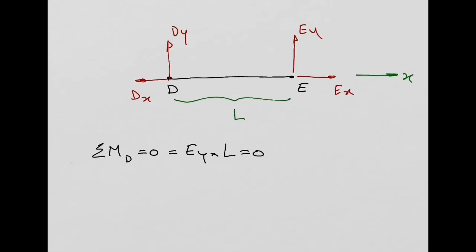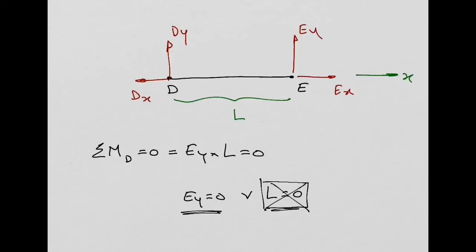Look at this now. I have two options here: Ey equal to 0 or L equal to 0. You agree with me? This one is not possible, right? L equal to 0 means my strut has 0 length. So the only way to achieve equilibrium in a strut is for the reaction perpendicular to the longitudinal direction of the strut to be equal to 0.